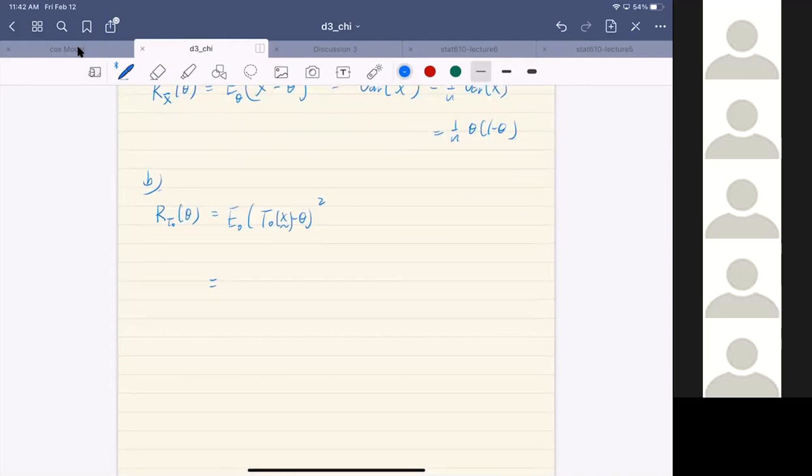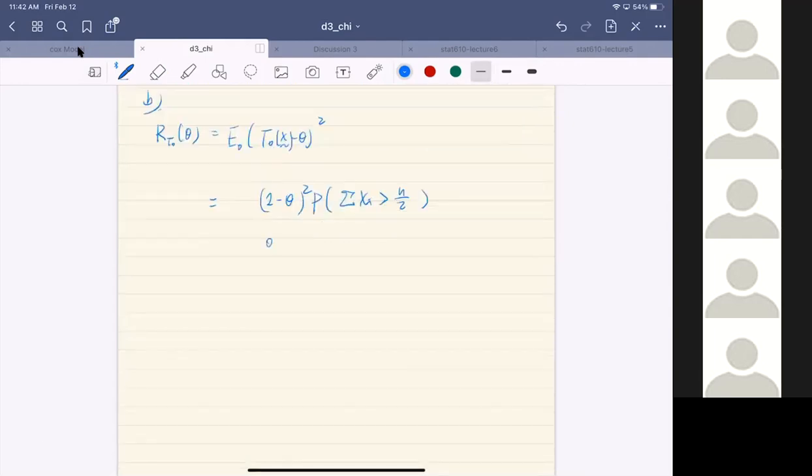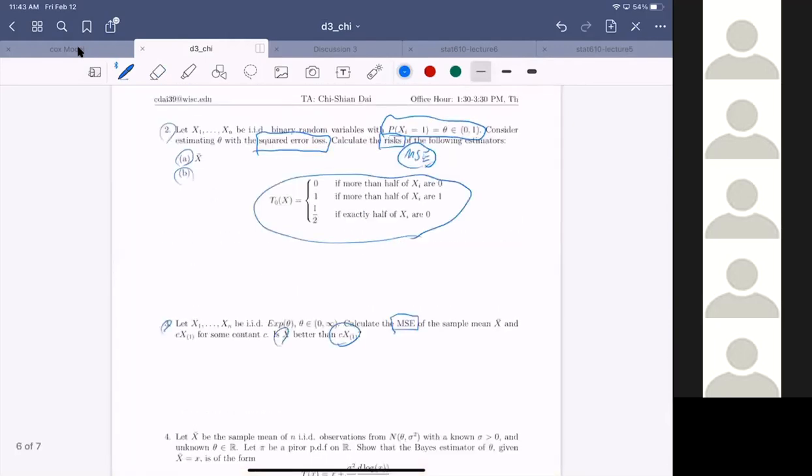It is equal to 1 if the summation of S_i is greater than n divided by 2, and 0 if the summation of S_i is smaller than n divided by 2.